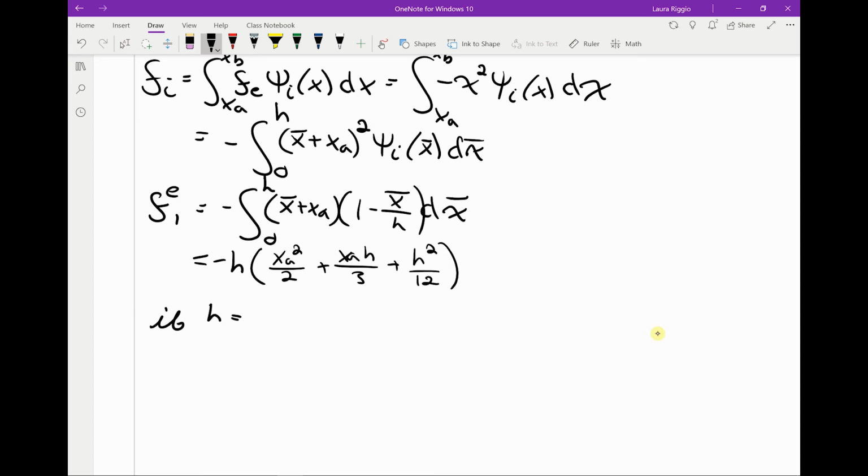If h is equal to 1/4, we get minus xa squared over 8, minus xa over 48, minus 1 over 768.